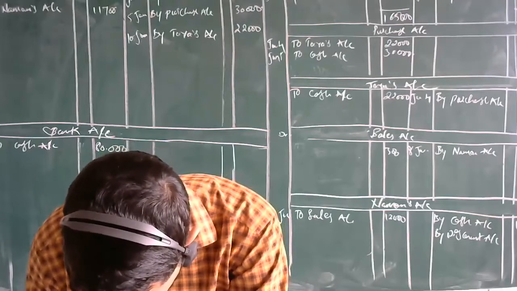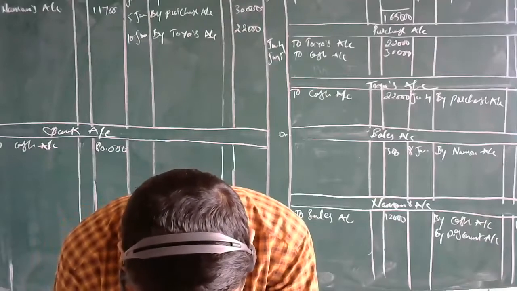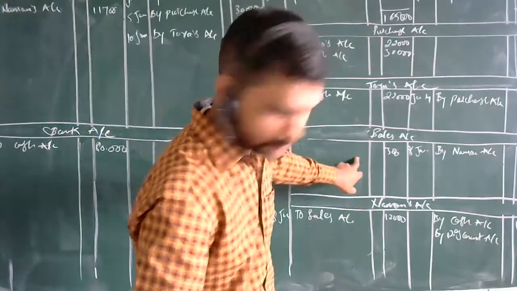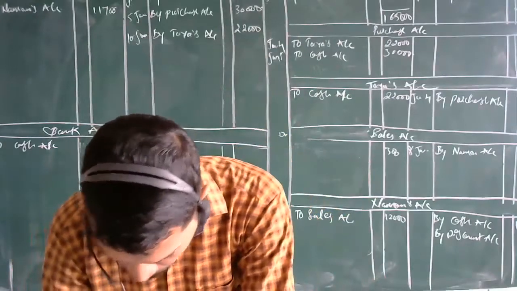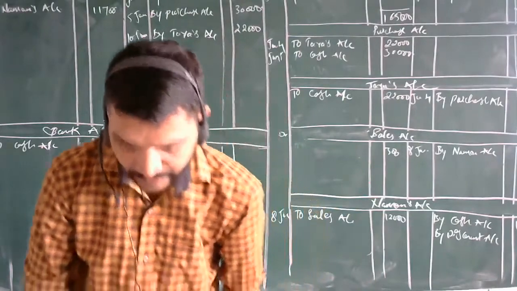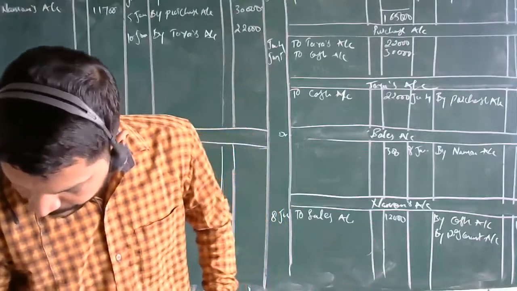Then sales, sold goods issue. Any of the other entries there for sales? Only one I have taken, and one more. Yes, last cash sales is there. Last entry, cash sales is there. We require that. Then Naman's account is there.